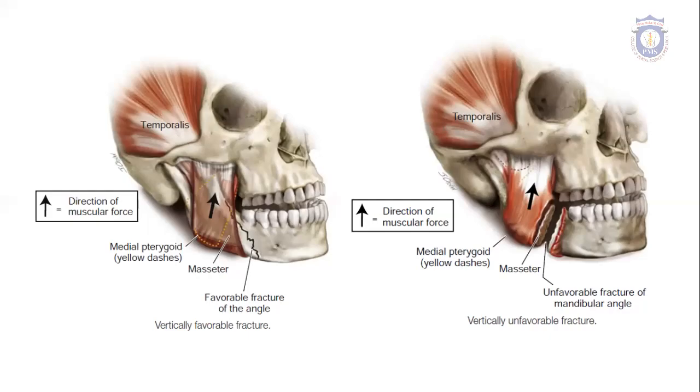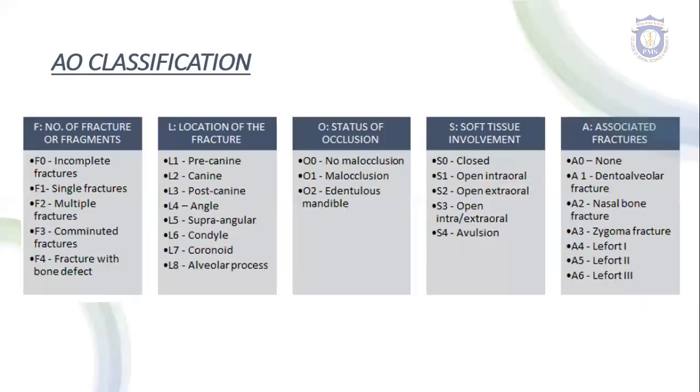Whereas in the first diagram, the muscle pull is in a favorable direction, holding it in position. You don't have to reposition it. You just have to fix it, or minor adjustments have to be done. That is called vertically favorable, and the other one is known as a vertically unfavorable fracture.